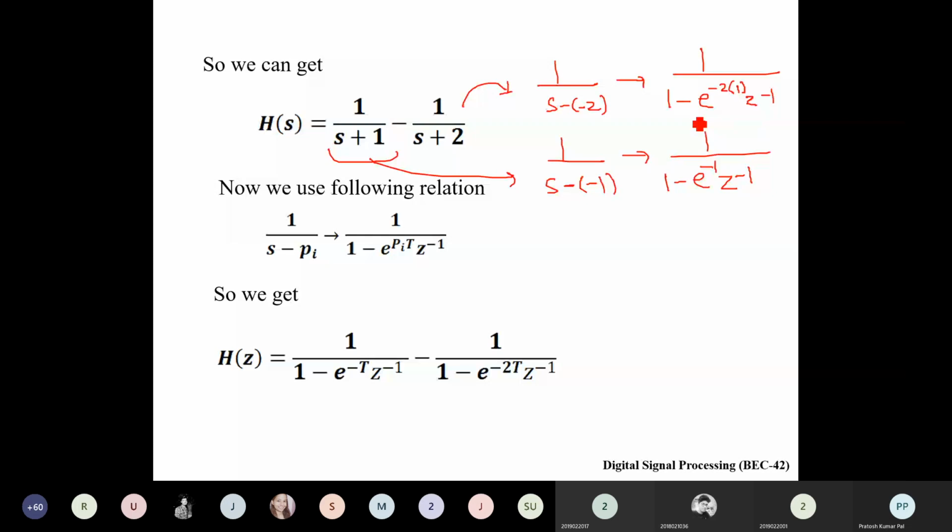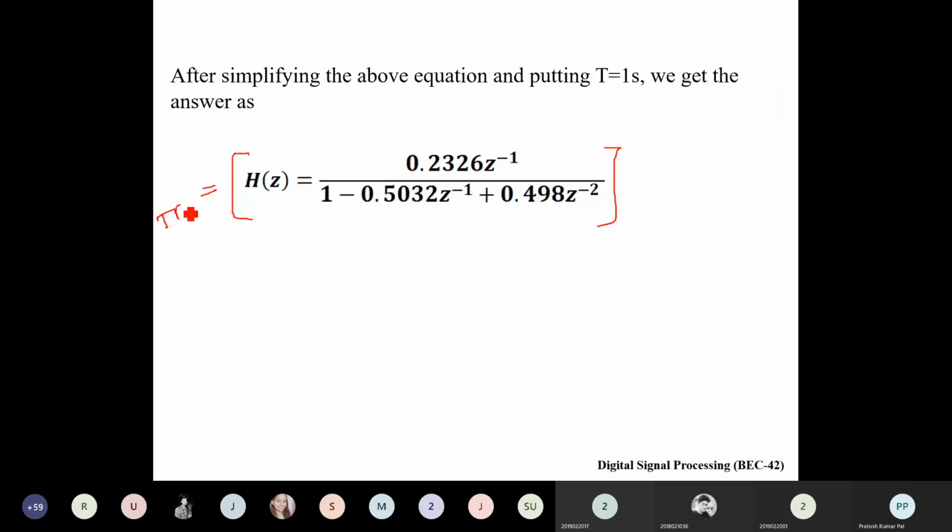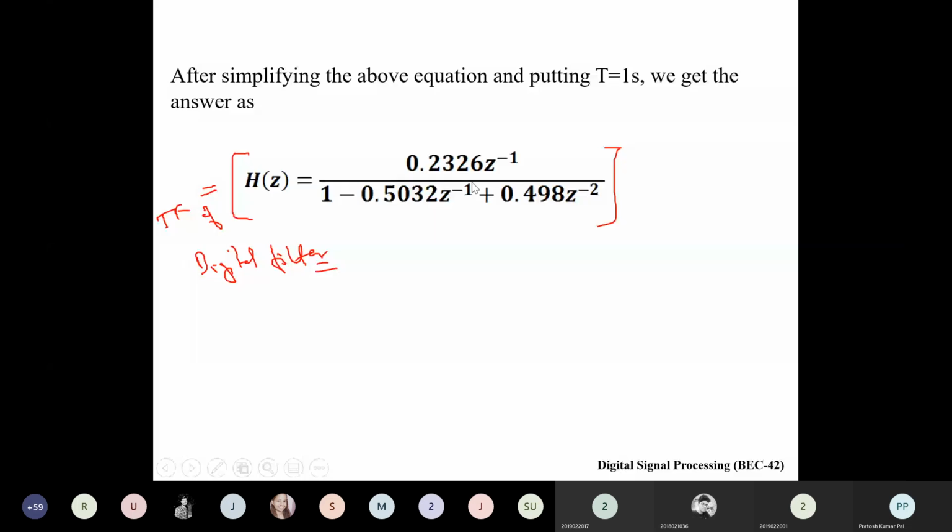So this will be our final transfer function of the digital filter. Okay, is it okay? Does anyone have any doubt in this? Any doubt? Okay. Does anyone have any doubt?